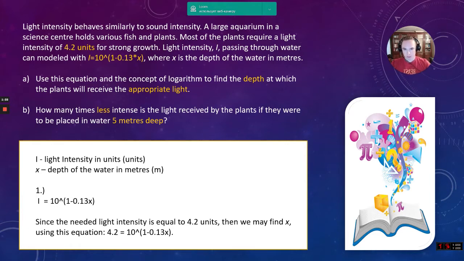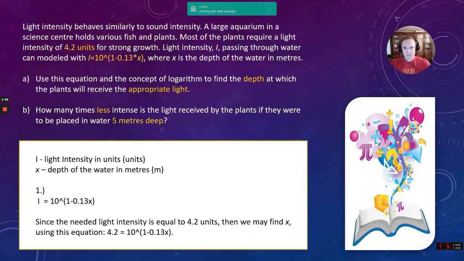So first of all, we need to identify the variables. I is light intensity in units, and we're going to use units in brackets when we solve the problem, and x is the depth of the water in meters, which is going to be m for meters.